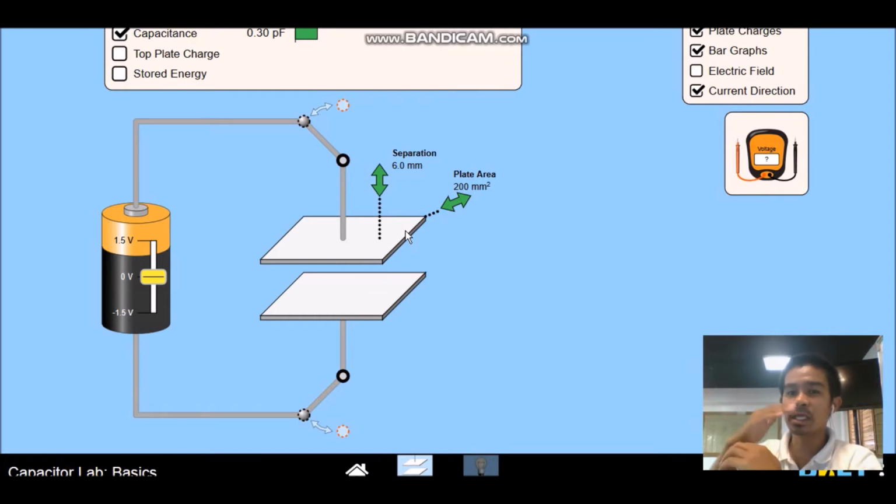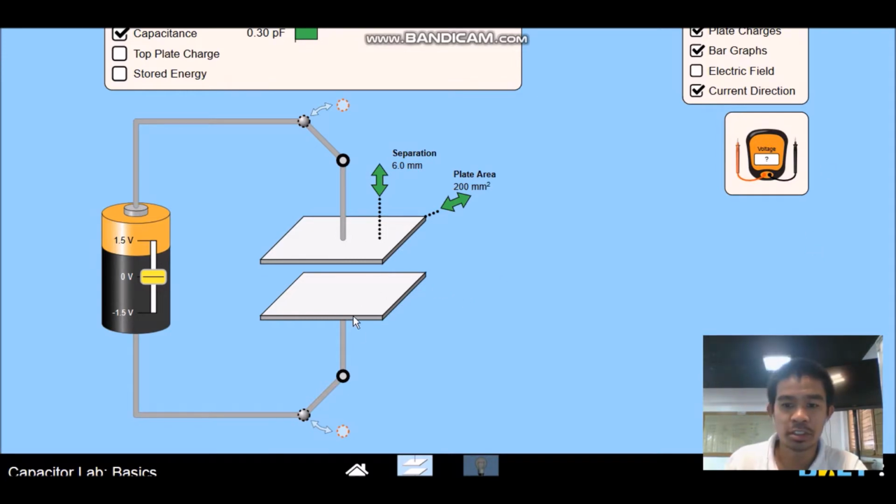The other plate will gain electrons, so more electrons are present on that plate, and it will be a negatively charged plate. More protons on a material means it is positively charged, and more electrons means it is negatively charged.